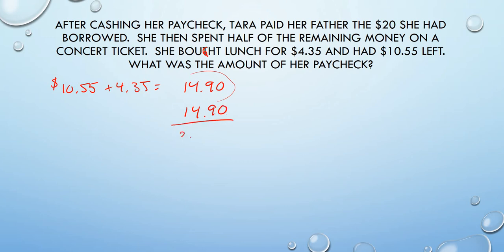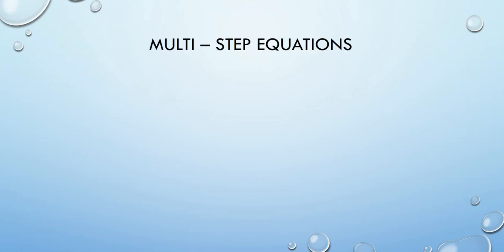So she had $29.80 before she bought the ticket. She paid her father $20, so therefore her paycheck must have been $49.80. So that's one method of looking at something, working backwards through the problem. Okay? Let's look at some others.